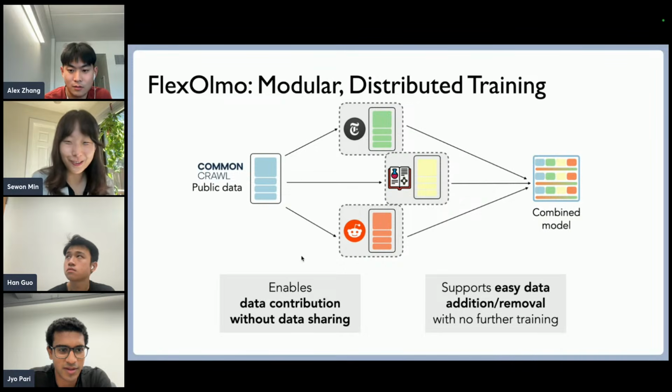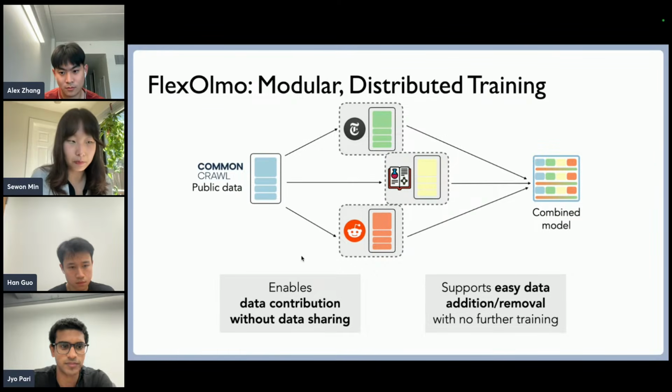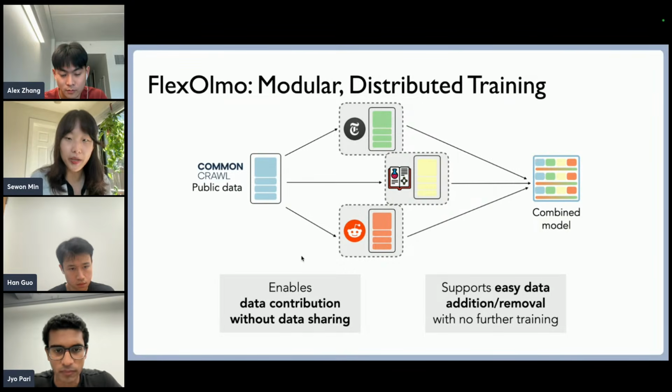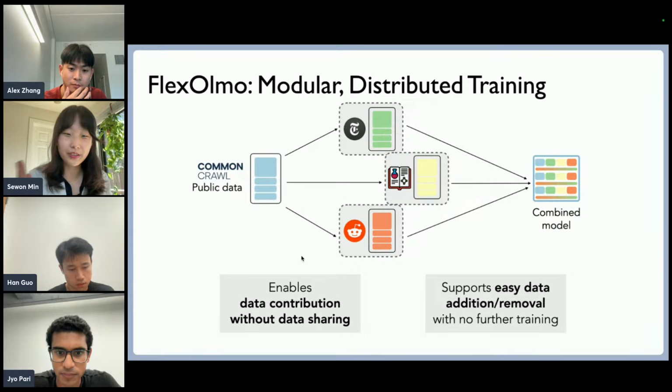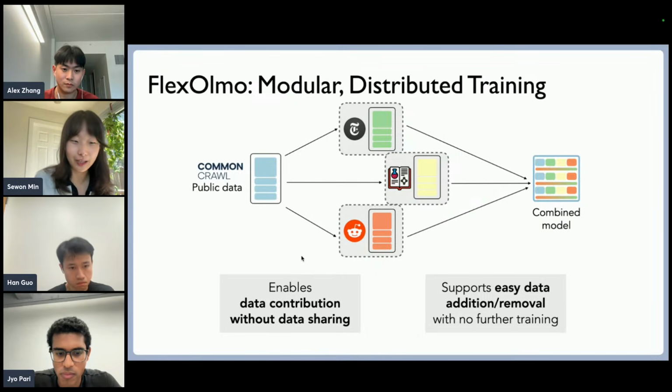Yes, these are all great questions. So for the first question, about whether we have a constraint on how many experts or how many data sets to add, I think this is an empirical question. Theoretically, it's not bounded, but empirically, I think there are a few challenges. The first is the router. We'll talk about it later, but there's a router that has to decide which expert to use for every layer. And if you have more data owners, then your candidate pool is larger, so there is more likely to be some errors. So that's one issue.